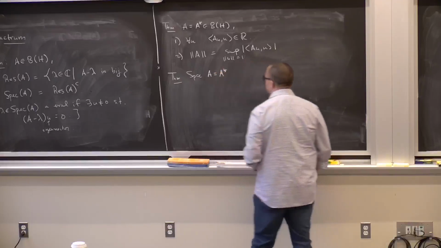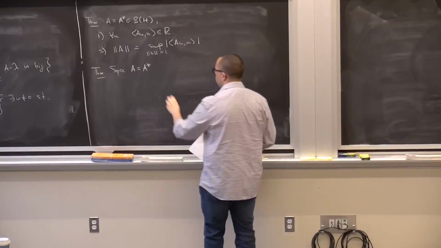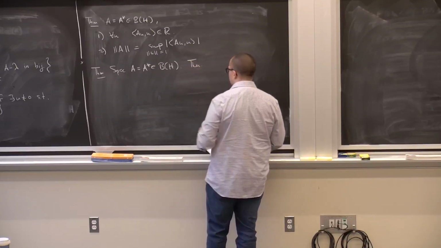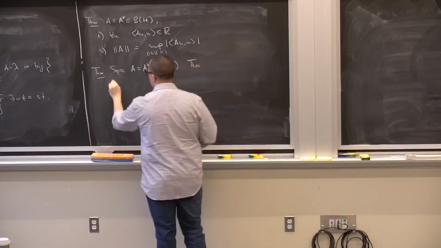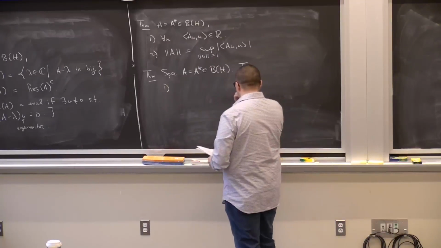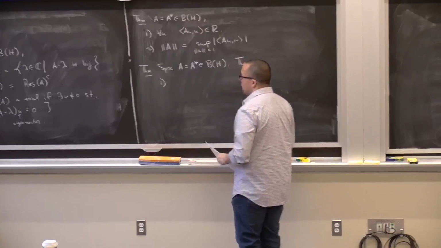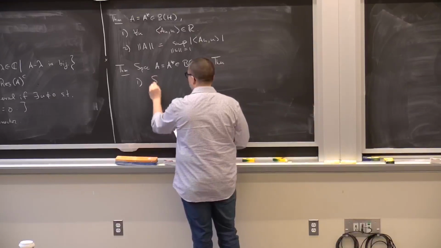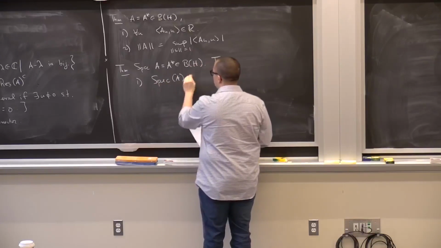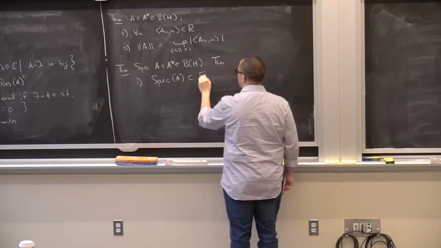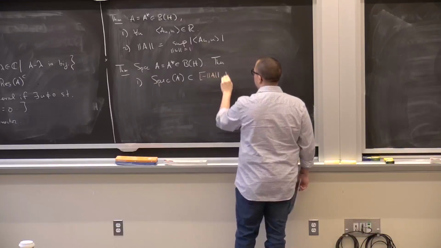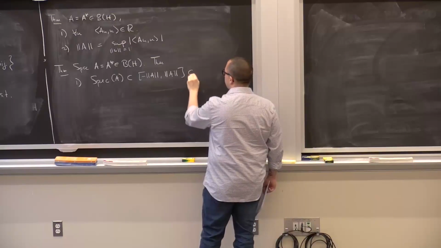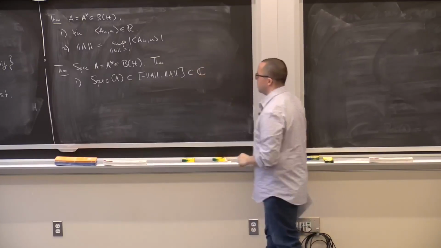All right. So now we have the following theorem about the spectrum for self-adjoint bounded linear operators on a Hilbert space. The first is that the spectrum of A is contained in the real number line, in fact in this interval from minus norm A to norm A, which I'm viewing as a subset of the complex numbers.